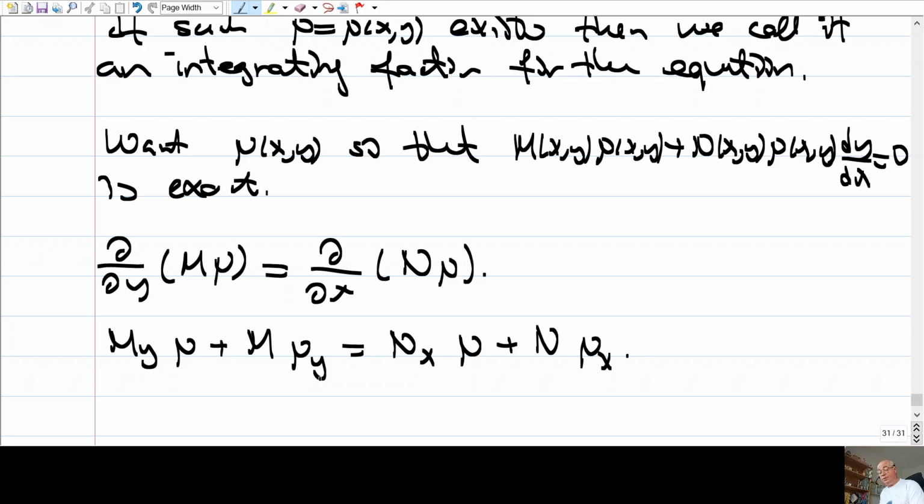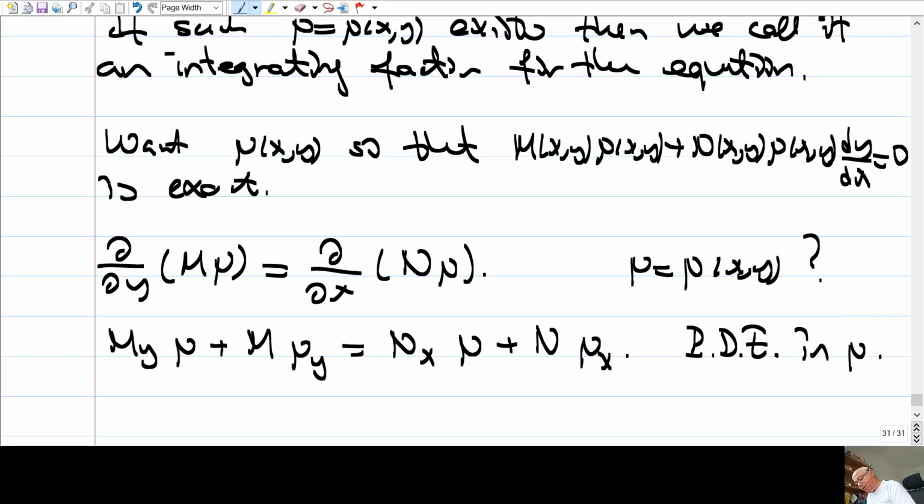Okay, what have we obtained? Well, we have obtained an equation, this time in mu, right? Mu is the function we are looking for, but mu has derivatives with respect to x and y. So this is a partial differential equation in mu.